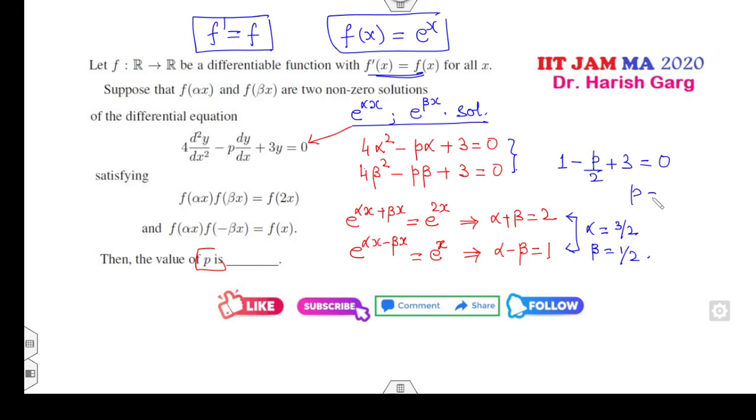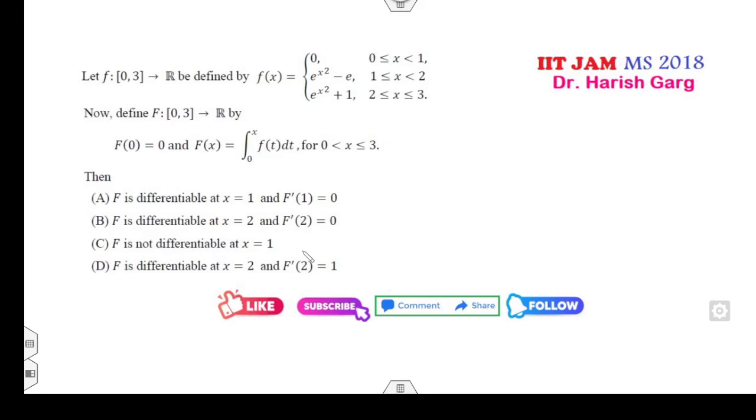So that means p will be 8, which is the right answer of the problem. Fine. Look at another one. F is a function. Define the capital F of 0. Capital Fx is defined. Capital F is differentiable at x is equal to 1. Will this be correct?